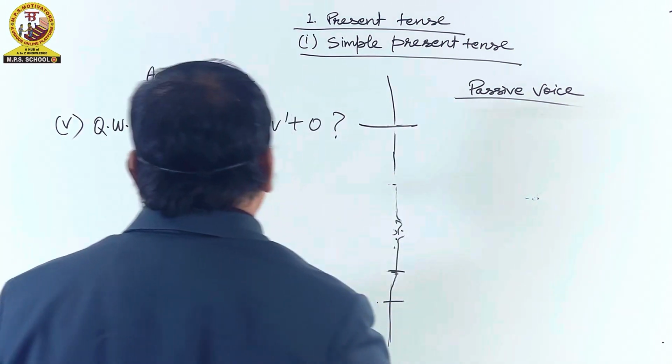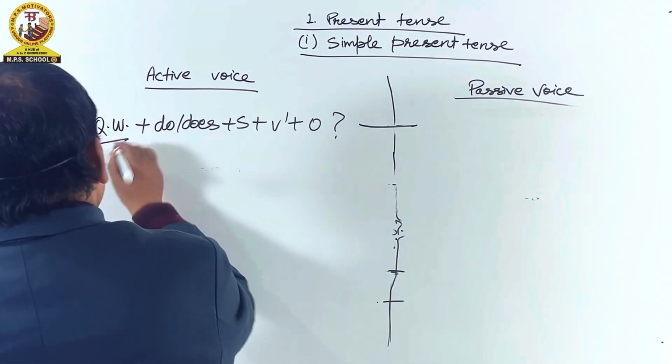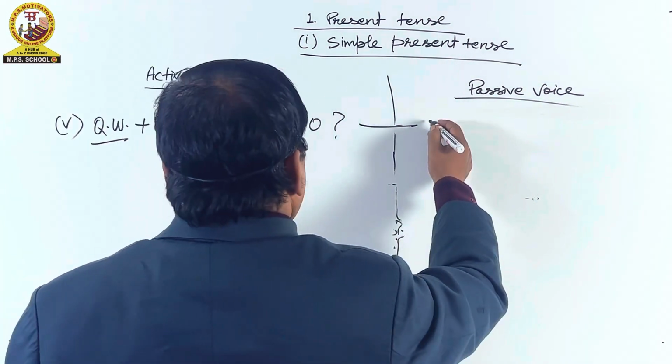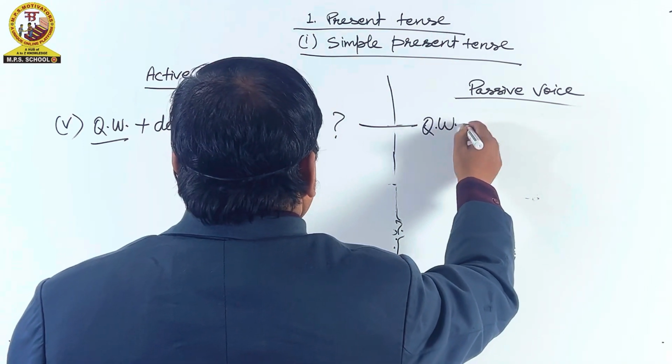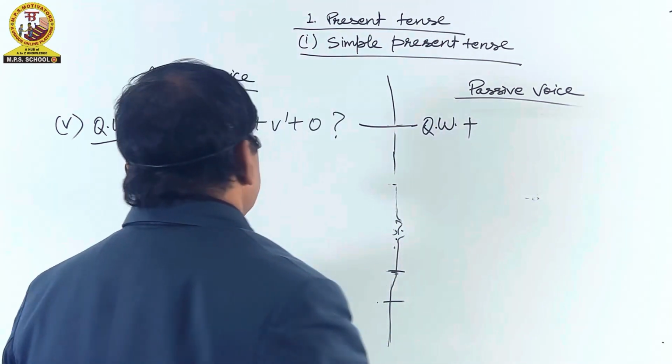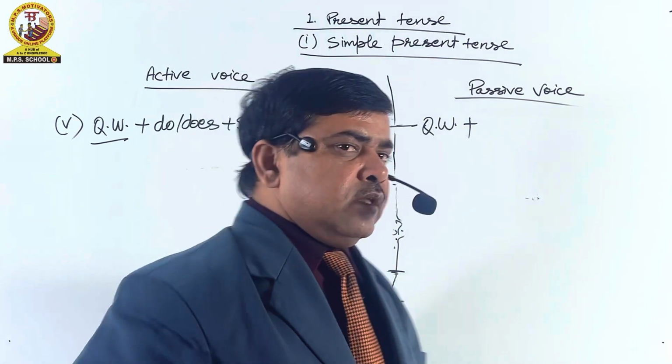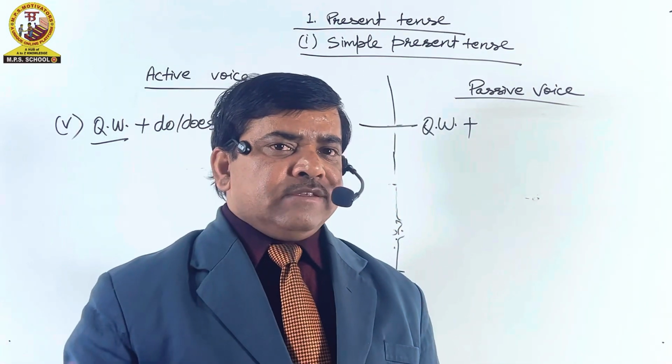And in passive voice, the same question word will come in the beginning. Thereafter, we will use am, is, are as the helping verb.